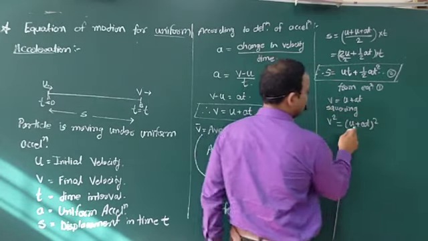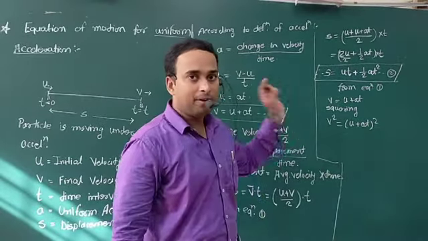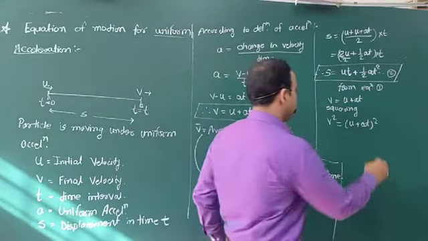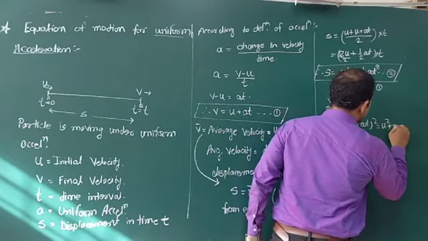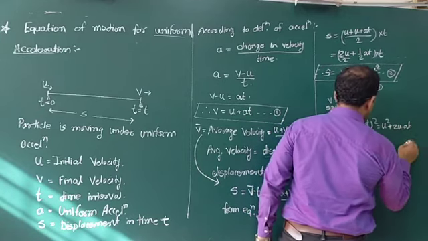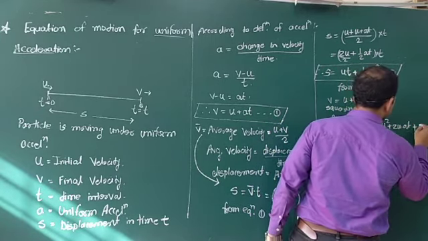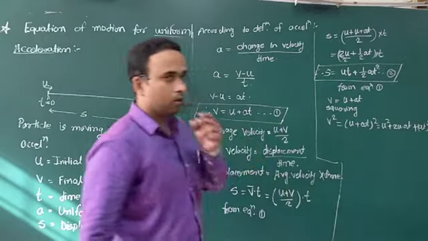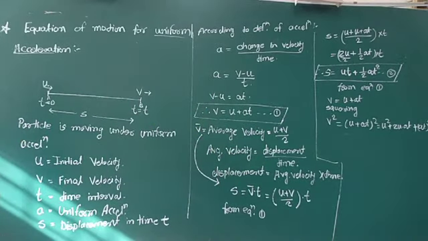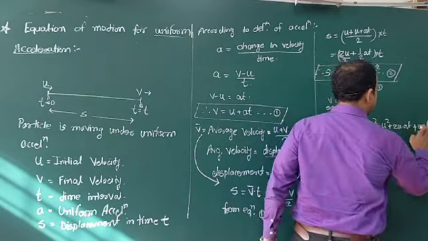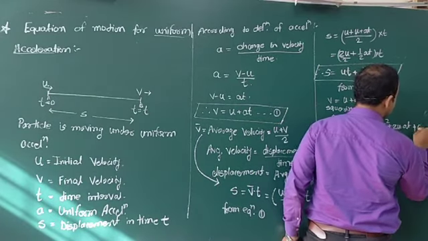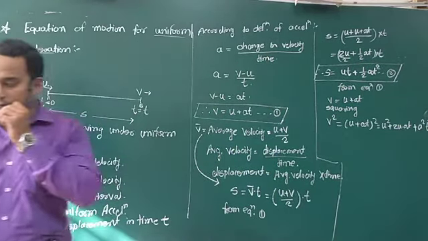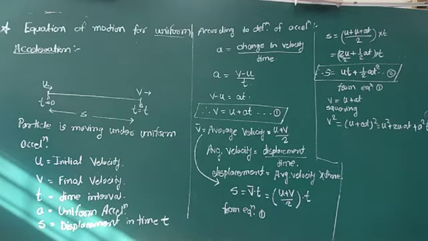So u plus at means (a plus b) whole square, and (a plus b) whole square is equal to a square plus 2ab plus b square. So we get u square plus 2u into at plus a square into t square.